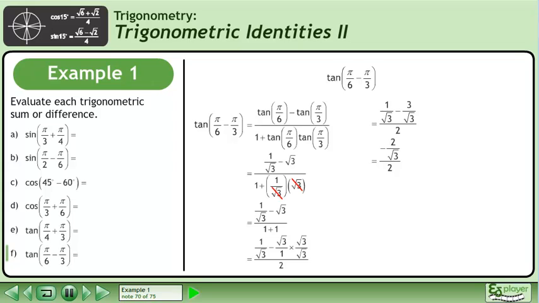Subtract the terms in the numerator. Multiply the numerator by the reciprocal of the denominator. Cancel to get negative 1 over root 3.